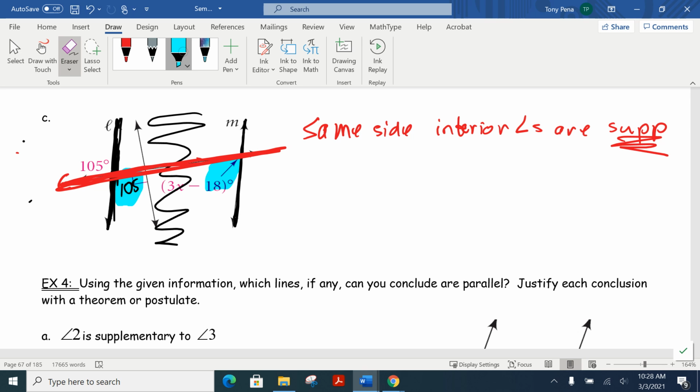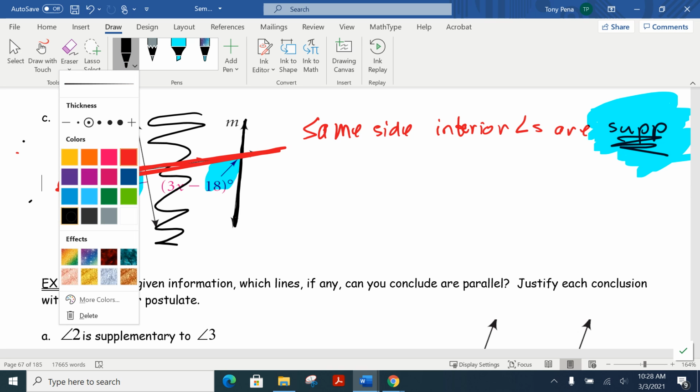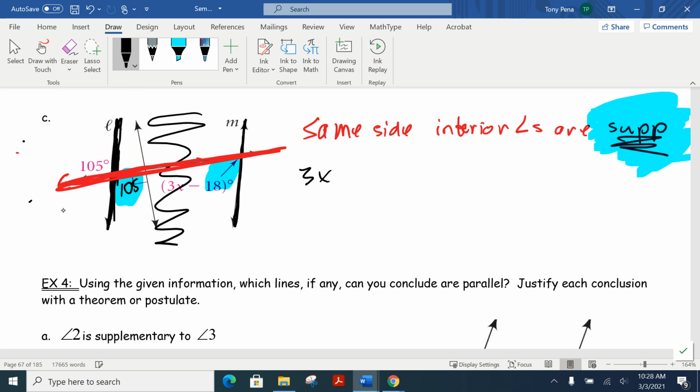No, you check me. All right. Yeah, supplementary, right? So I'm saying it, and then I'm being silly. See, everybody gets a little foggy after a long break. Supplementary means we want to be taking those guys, adding them together, and setting them equal to a 180. Yeah, that's much better.